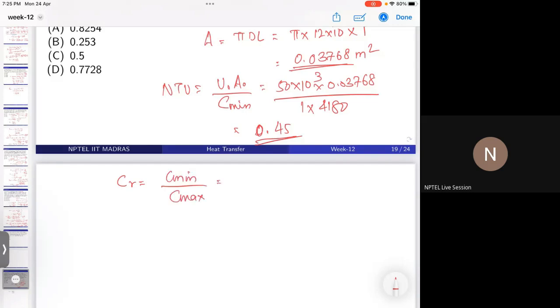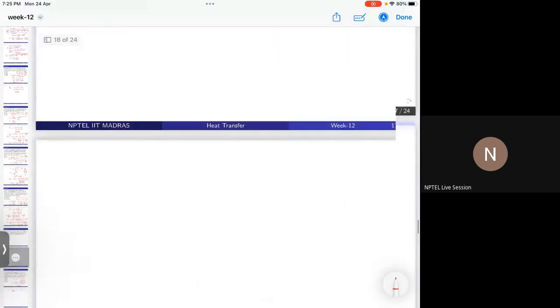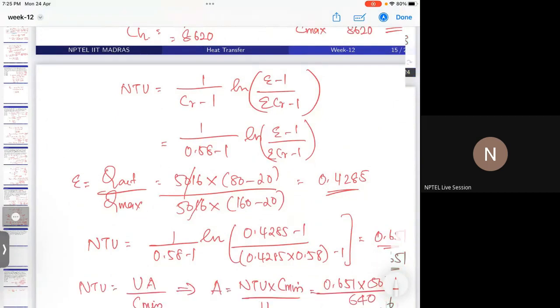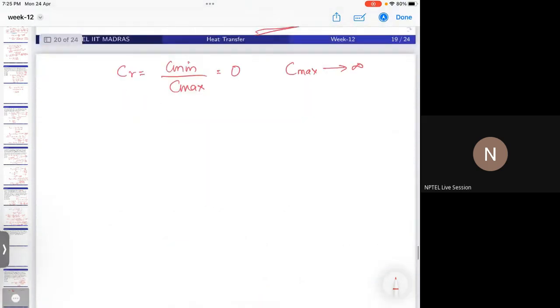C max tends to infinity. So what is C R? Yeah, it's 0. So what is NTU? This is a counterflow heat exchanger. If you substitute C R equal to 0 here, this expression will reduce to NTU is equal to minus ln of 1 minus epsilon.